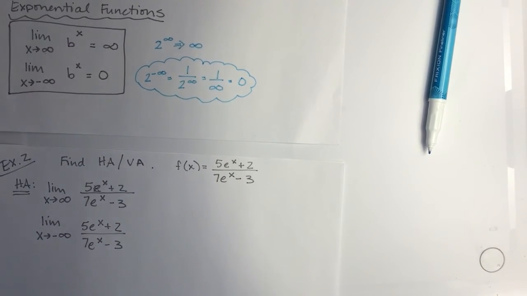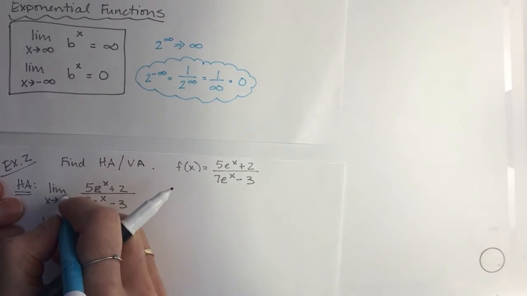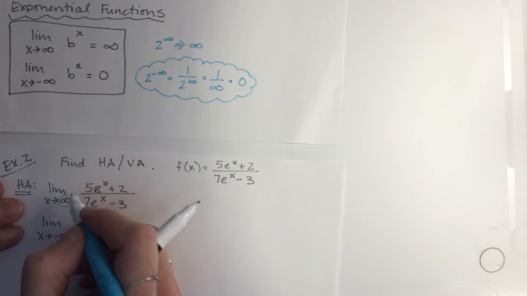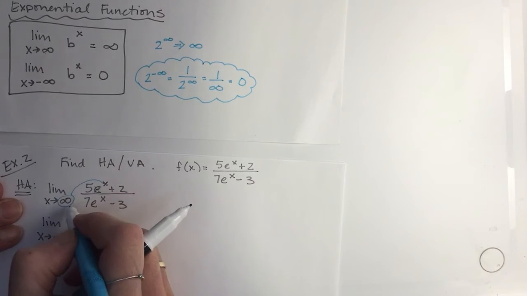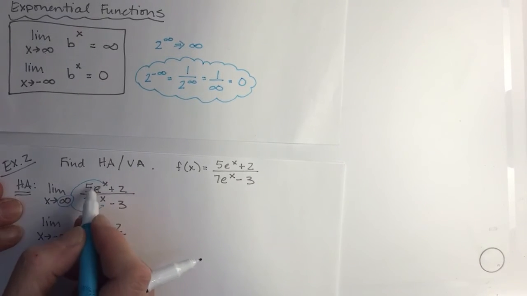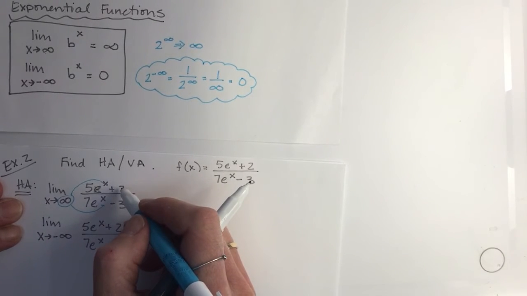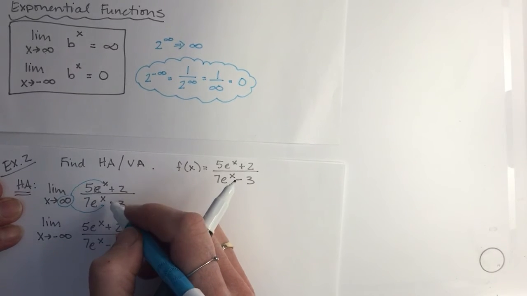Okay, so if I do a direct substitution and we plug in infinity, these two numbers are going to get very, very, very large. And then infinity plus 2 is not going to make that big of a difference, right? Or infinity minus 3.